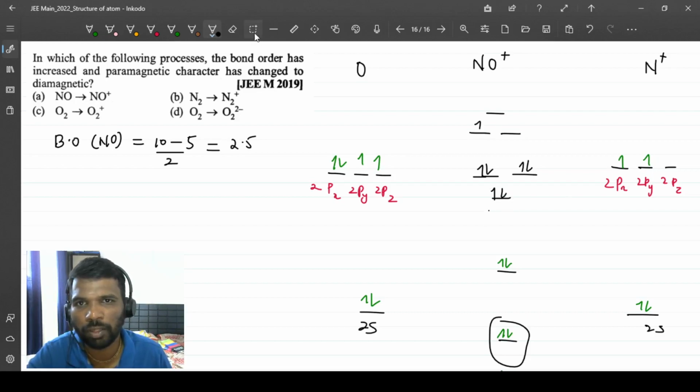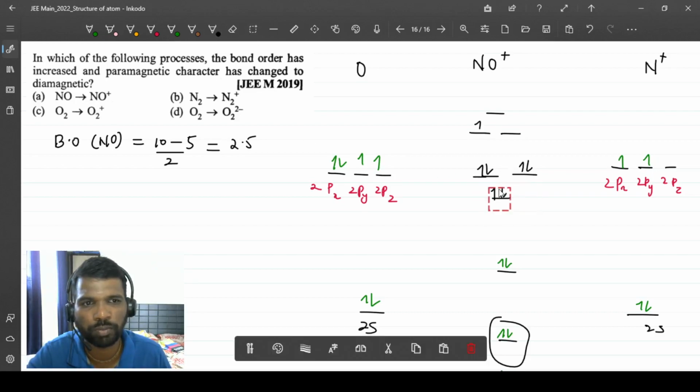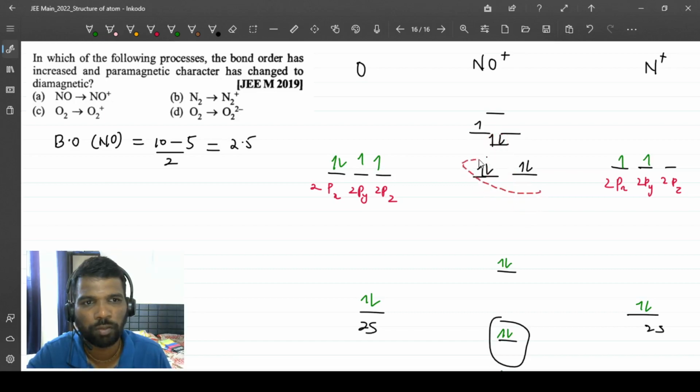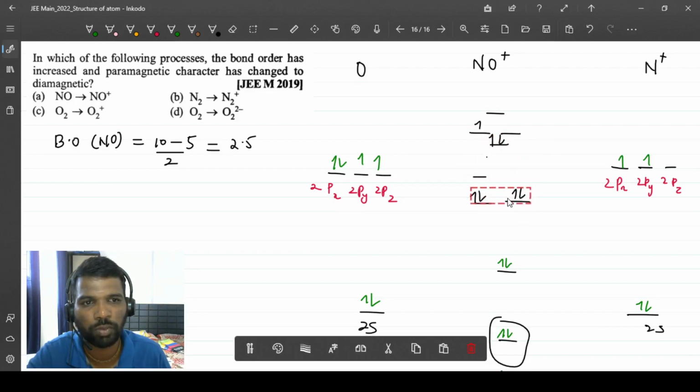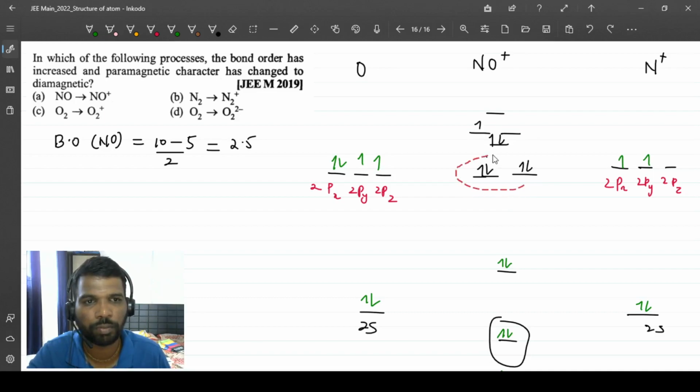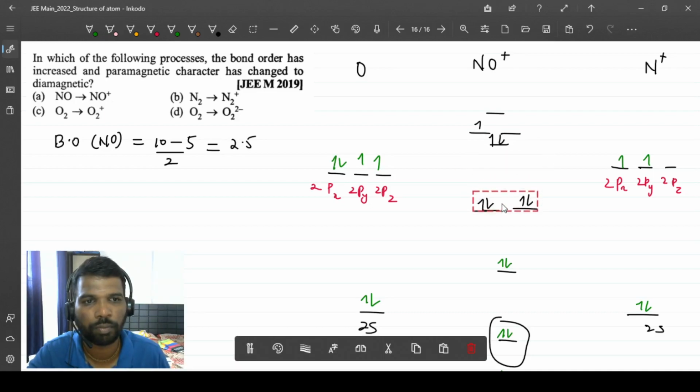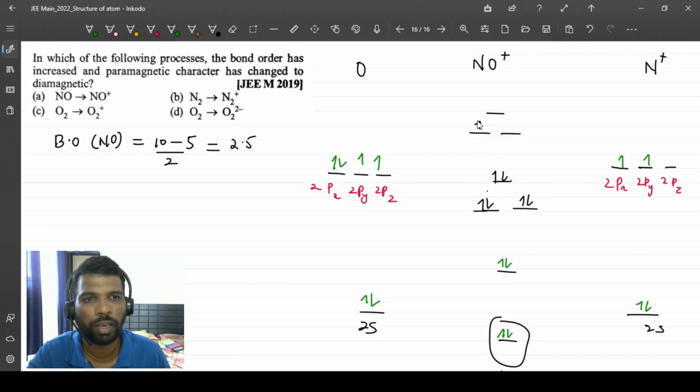So this pattern will be just the opposite. Remember this for the 14 electron system. We remove the electron from here, because total six electrons.